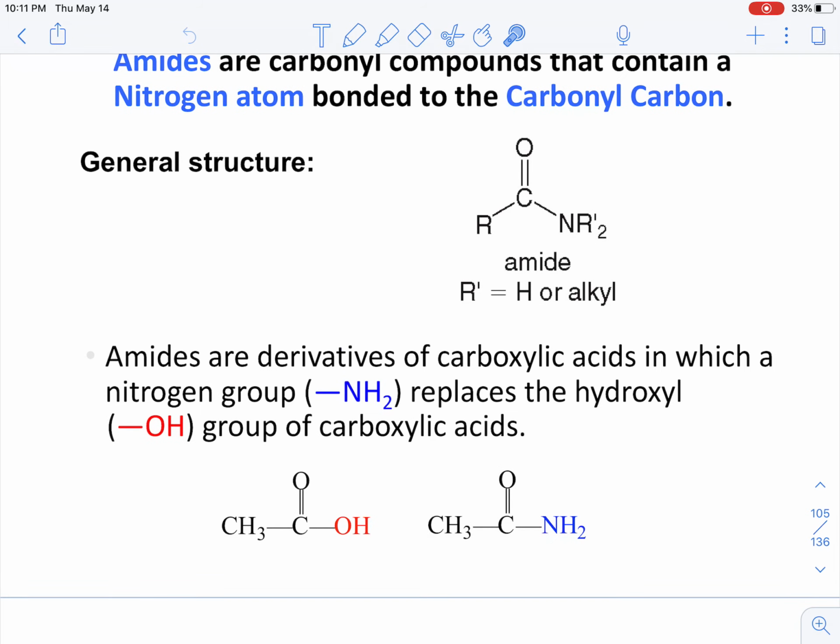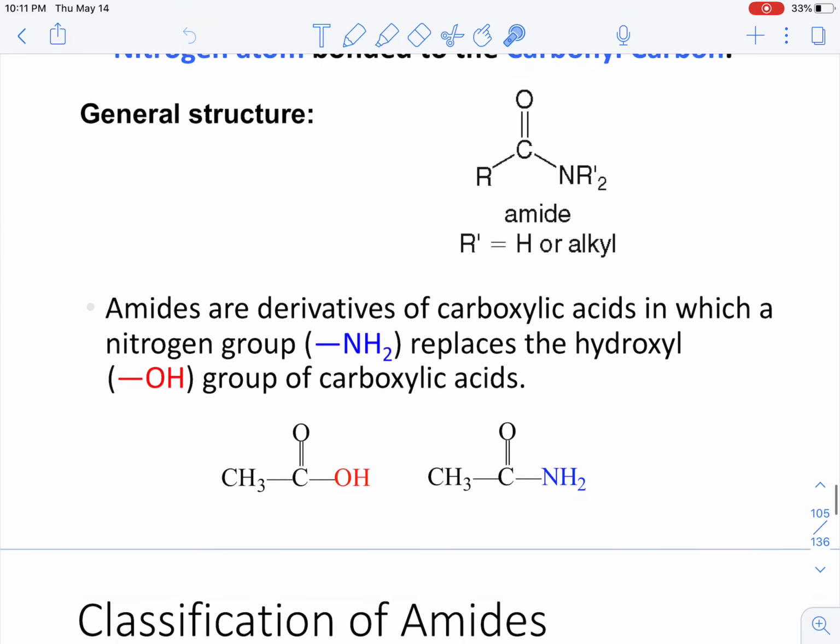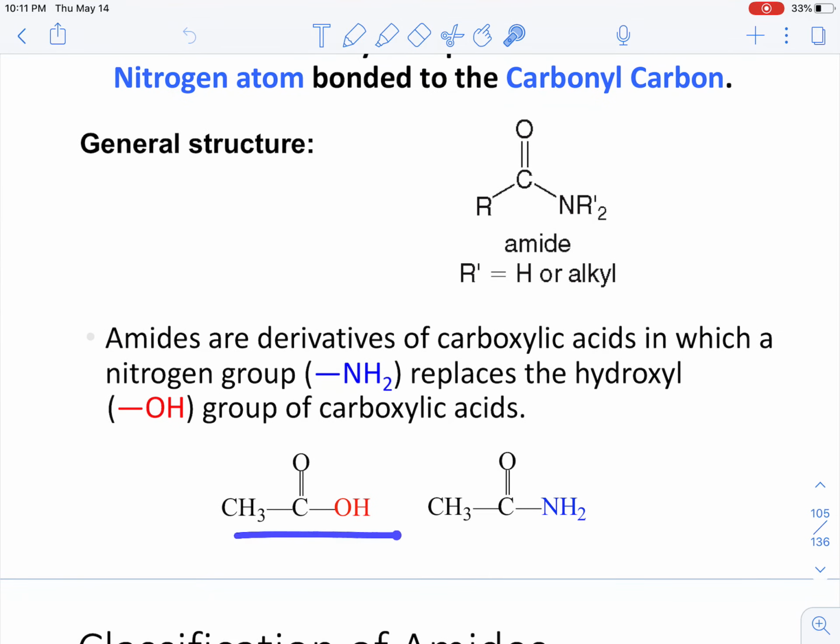It also turns out that amides are simply derivatives of carboxylic acids. Looking at this structure down at the bottom, here we see this hydroxyl group that's covalently bonded to the carbon of the carbonyl group. Instead of a hydroxyl group, it's going to be an amine.